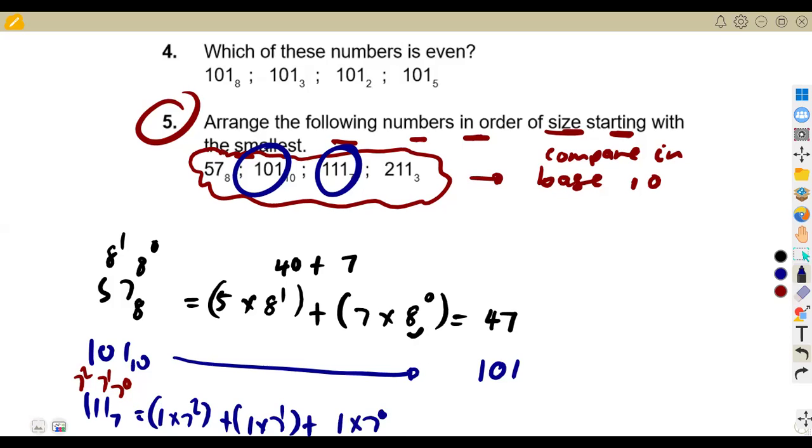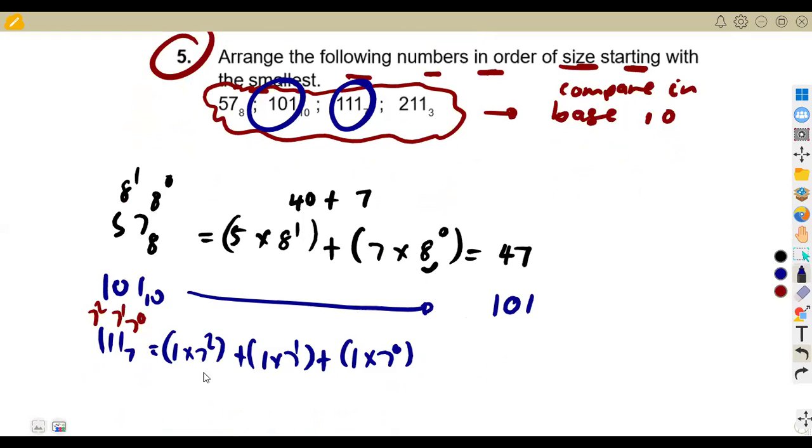So what do we have in base 10? 7 to the power of 2 is 49, times 1, which is 49, plus 7 to the power of 1, which is 7, plus 7 to the power of 0, which is 1. So 49 plus 1 is 50, plus 7 is 57. This gives us 57 in base 10.